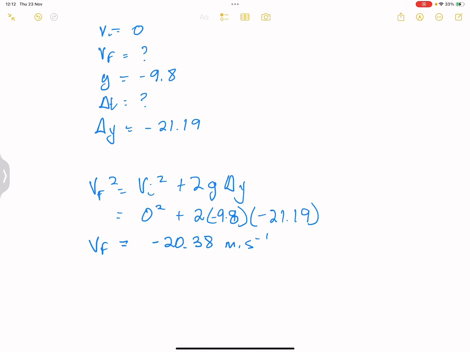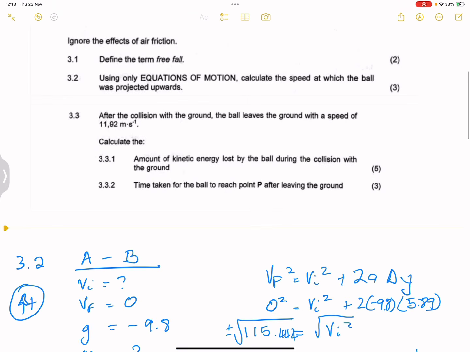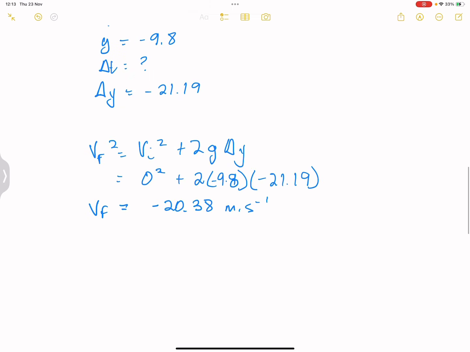Now, they wanted the change in kinetic energy. That was the question, the amount of kinetic energy lost. So let's find out the change in kinetic energy. I'm going to say this is kinetic energy final, meaning this is after the collision, when it left the ground, minus kinetic energy initial.